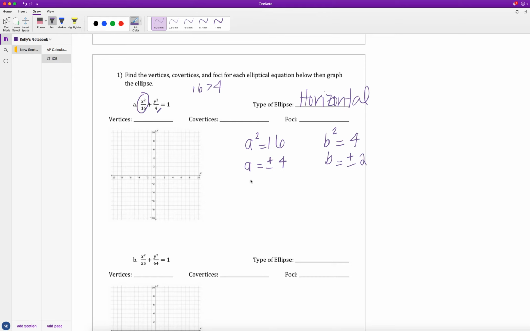This then gives me my vertices, with the plus or minus 4 for a, and the plus or minus 2 for b is going to create my co-vertices.